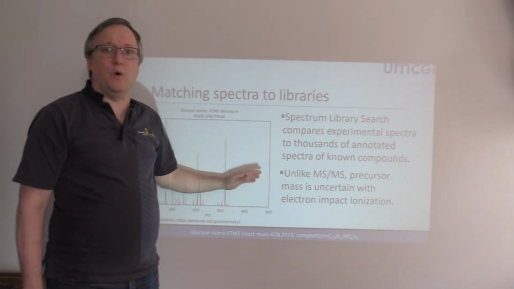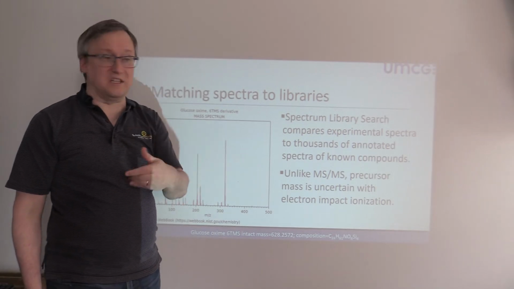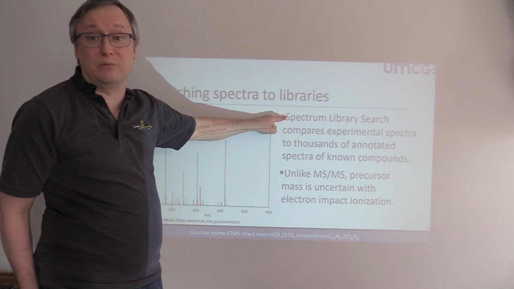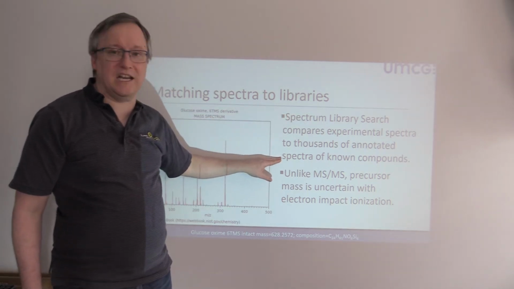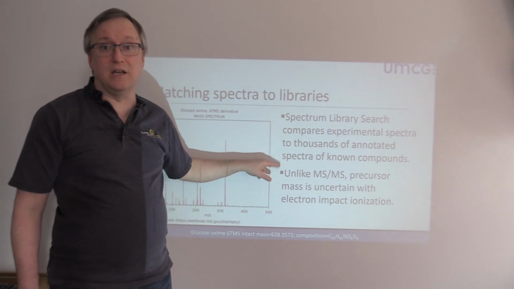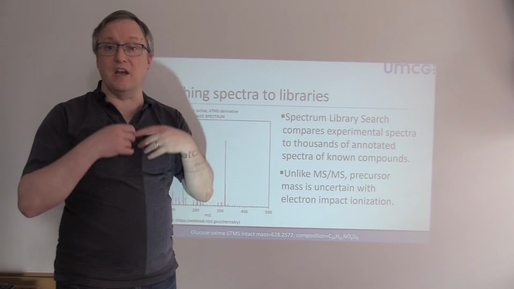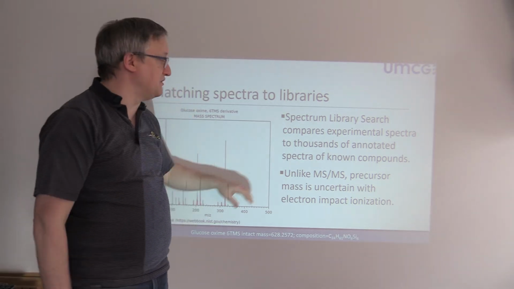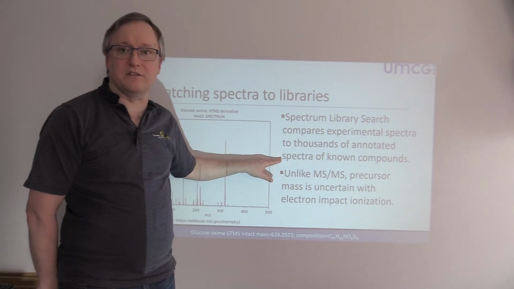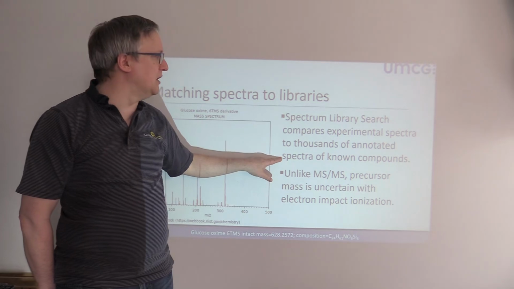The standard way that they go about doing identification from GCMS experiments is to use spectrum library search. So we need to have an annotated spectrum library, and this is something you can purchase commercially, or that may have come with your instrument when you bought it. For metabolite purposes, these spectral libraries should contain hundreds of thousands of spectra at a minimum, I would hope.